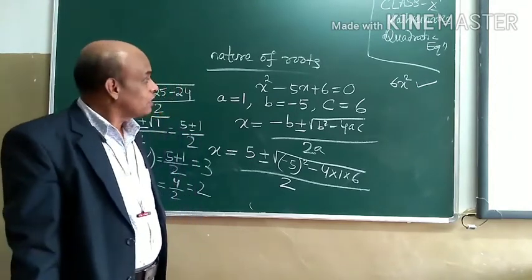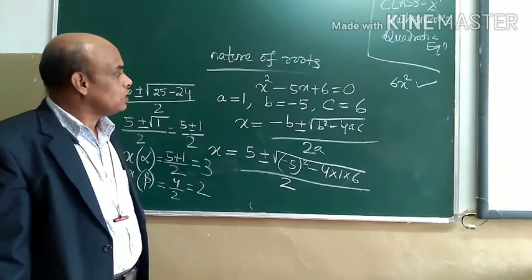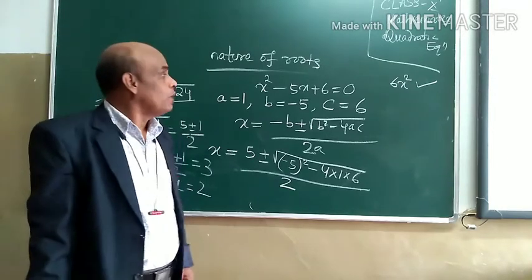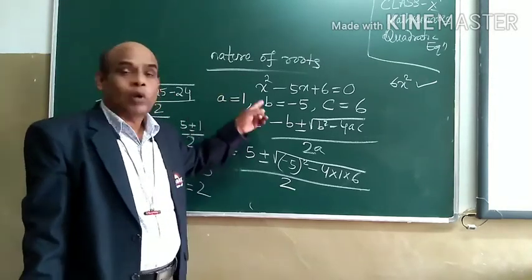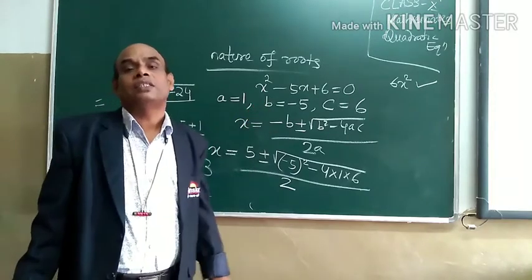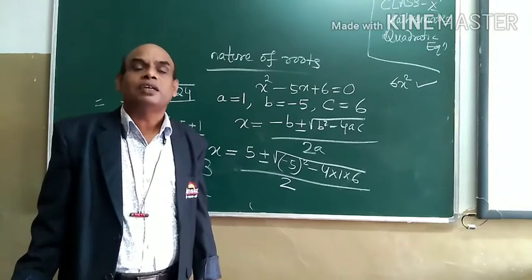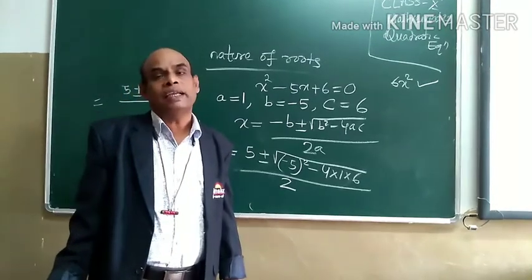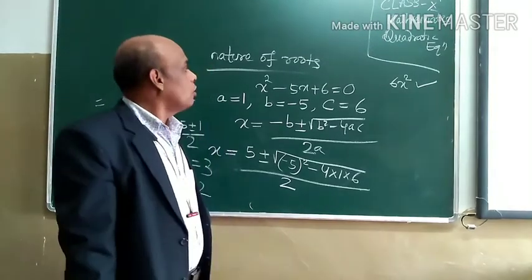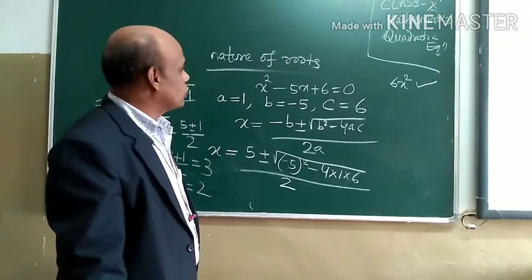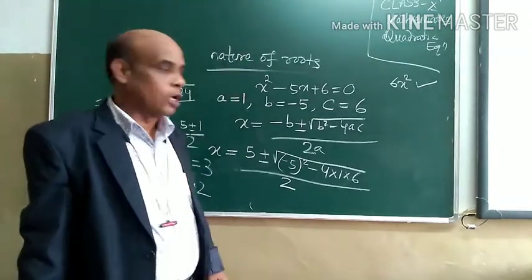Dear students, I will give you some questions as a task. You may adopt this quadratic formula, otherwise you may adopt the factorization method, whichever is suitable for you. Now write down some questions to solve.